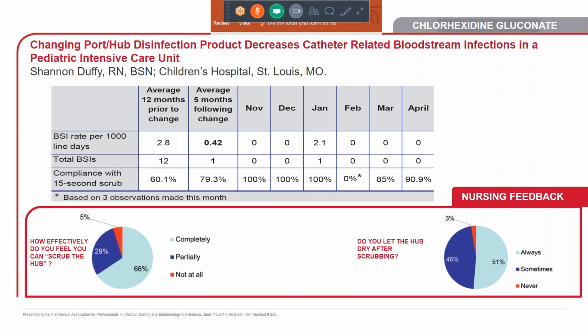So I think all of us appreciate that the nursing staff are running and doing many tasks throughout their day, and there has been some concern about the ability to comply, particularly with longer application times. 5-second scrubs, certainly, and I'm going to show you some data about that, appear to be effective.